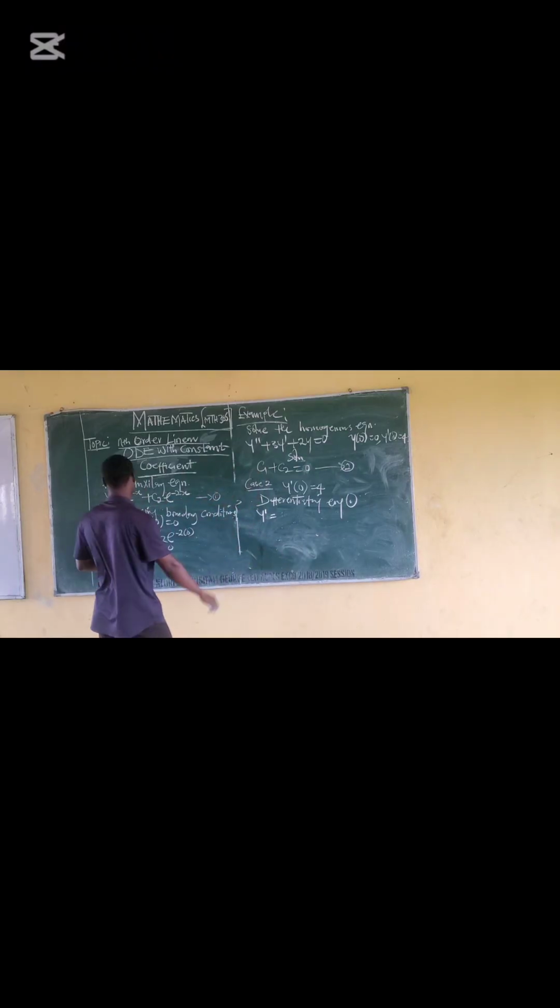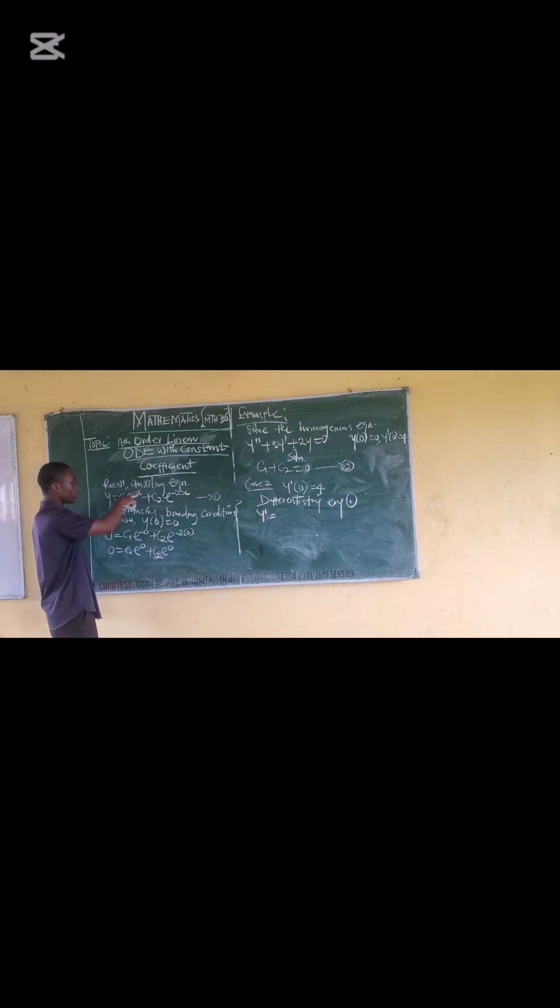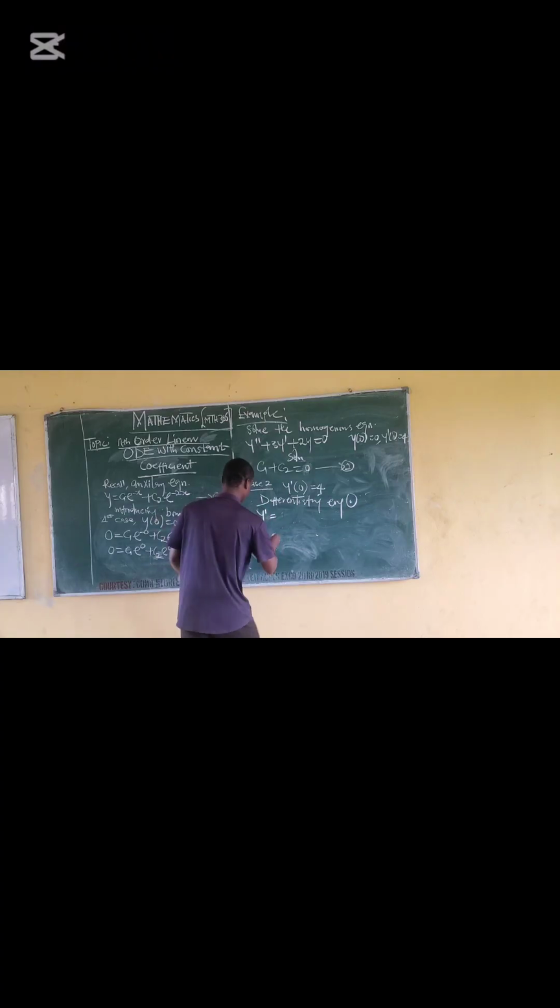So I'm going to use that idea in differentiating this. So this is y prime equal to, the coefficient of x here is 1. So I'm going to pull up minus 1 because the 1 is carrying a minus sign. I'll bring it to the front and multiply it by the whole of this. So if I pull up minus 1 there, I'm going to have minus c1 exponential minus x.